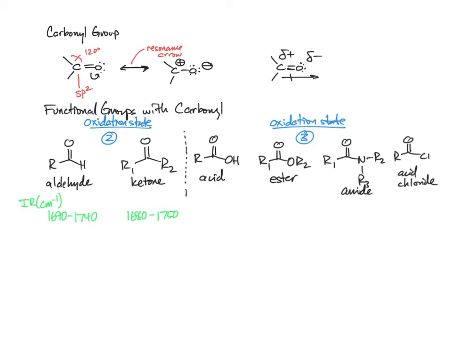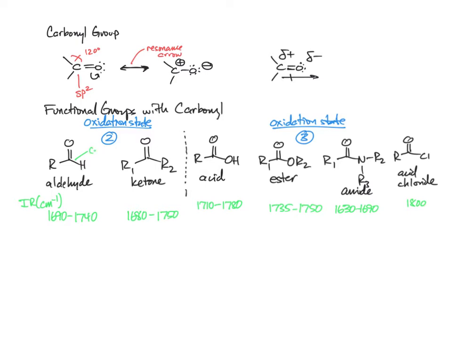The acid, 1710 to 1780, the ester 1735 to 1750, the amide 1630 to 1690, and the acid chloride is usually right at 1800. So there's other things that we can know about these functional groups to help us differentiate them.